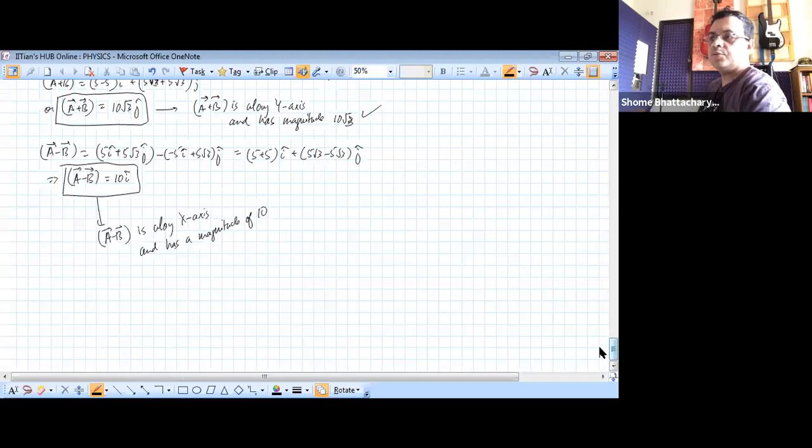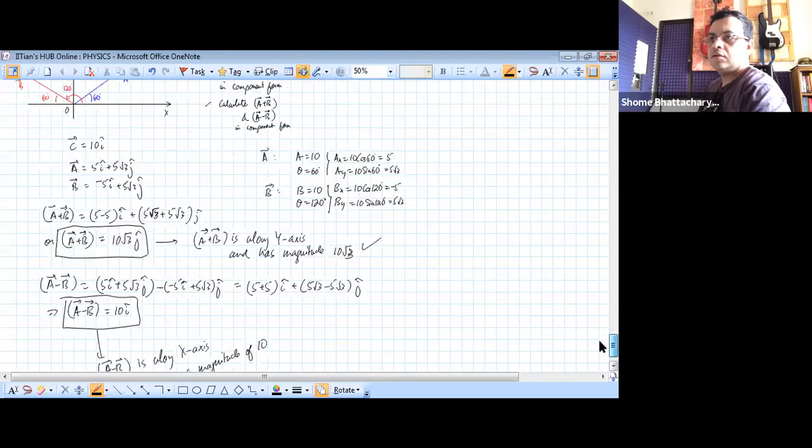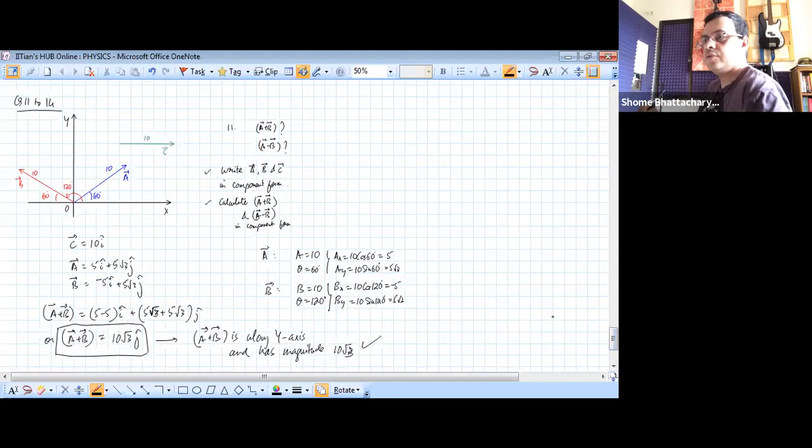अच्छा, incorrect option निकालना है. Okay, let me check. Sorry, I have not. Which option is incorrect? A plus B points along the y-axis. That's correct. A plus B has a magnitude 10 root 3. That's correct. A minus B points along the y-axis. That's wrong. And A minus B is of magnitude 10. That's again correct. So yes, the incorrect option will be C. Just make a correction in the answer key if it is given as B. The incorrect option will be C for question number 11.